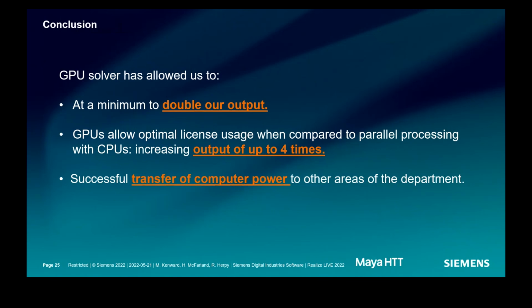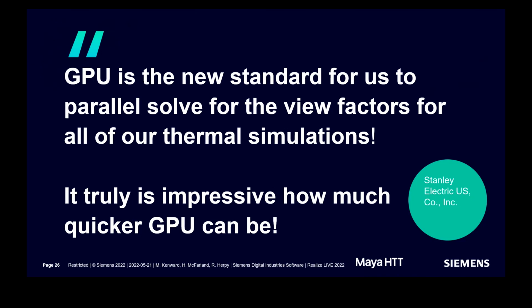We were also able to transfer our computing power resources to other areas of need in the department, which saves future capital investments and expensive maintenance costs. So GPU is the new standard for us to parallel solve for the view factors for all of our thermal simulations. And it truly is impressive how much quicker GPU can be.